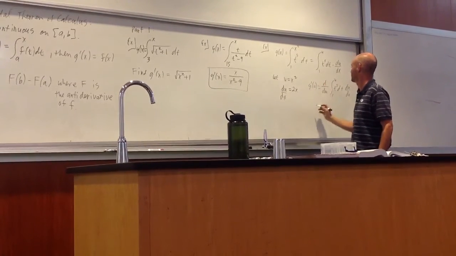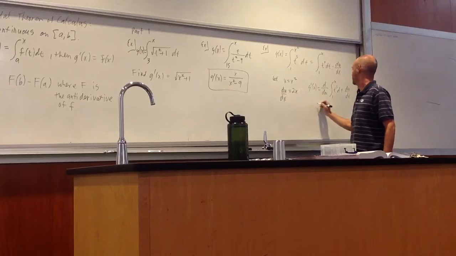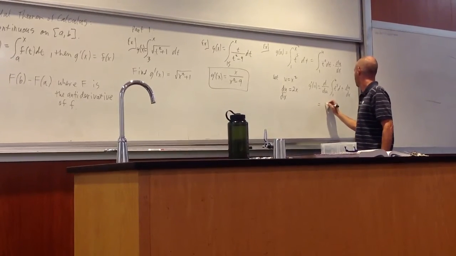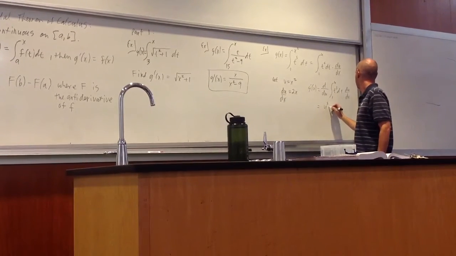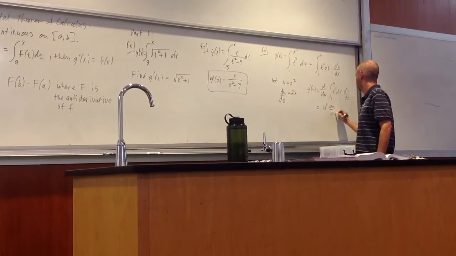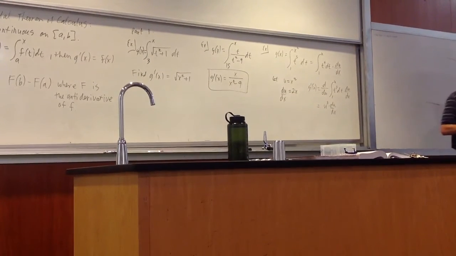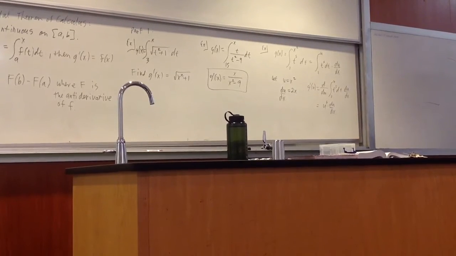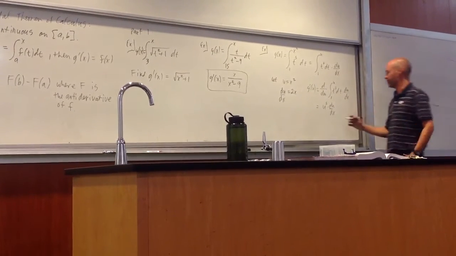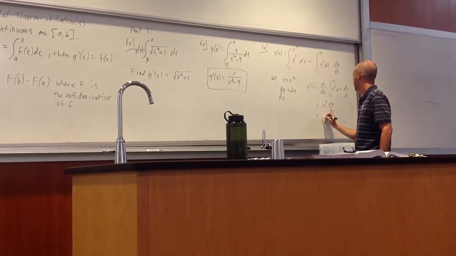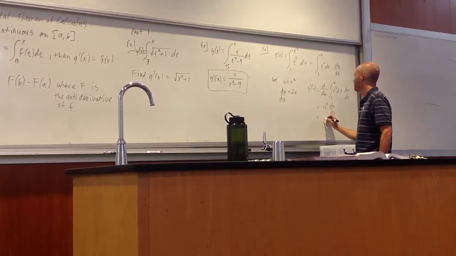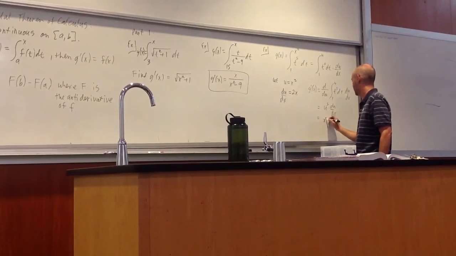My variables mixed up. And now we're going to convert everything back to x. U is x squared.